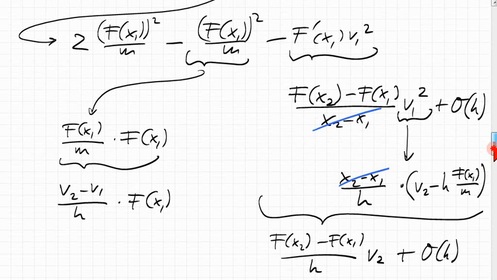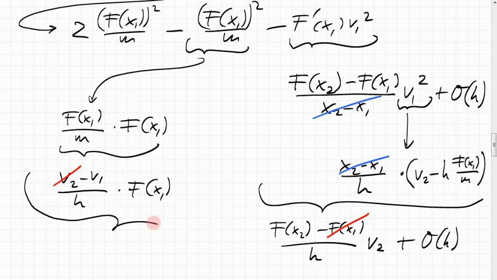Let's back up a little. What was the objective? I wanted to compute this expression. Now we see that some parts cancel. There is v2 over h times the initial force with a minus up front, minus initial force times v2 over h. So this one and this one cancel.